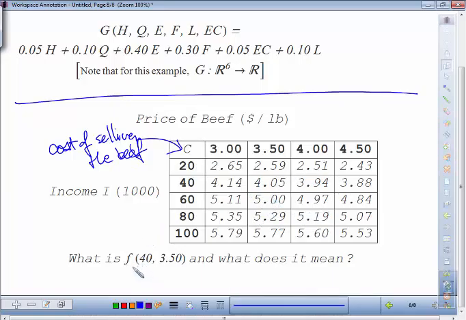So for example, F of 40 comma 350 is this. So that says if you as a seller have to buy beef at $3.50 per pound, that's the cost per pound, and then you have an income of $40,000, then you're going to sell your beef at $4.05.